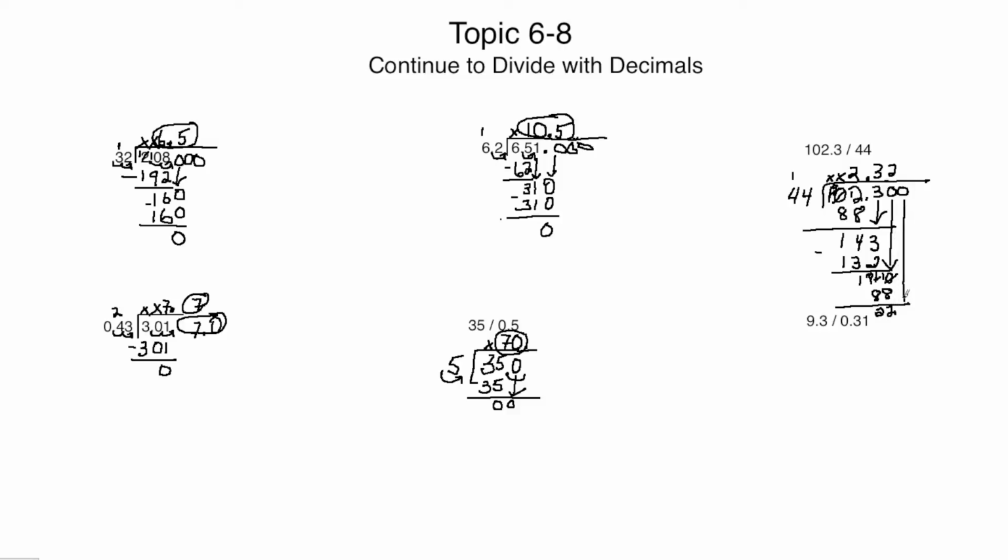Bring down the second 0. How many times can 4 go into 22? 5 times. Five times 4 is 20. Carry the 2. 5 times 4 is 20, plus 2 is 22. And 220 minus 220 is 0. So our quotient is 2 and 325 thousandths.